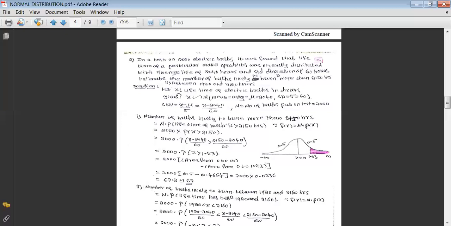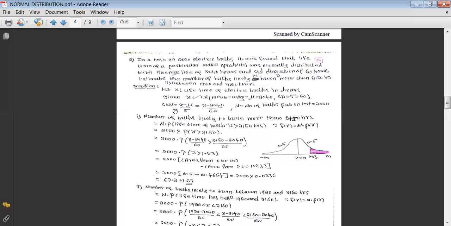That's why let us take the variable x as the lifetime of the electric bulbs in hours. And it is straightaway given that the lifetime follows a normal distribution with mean 2040 hours and standard deviation of 60 hours. So let us take that one.